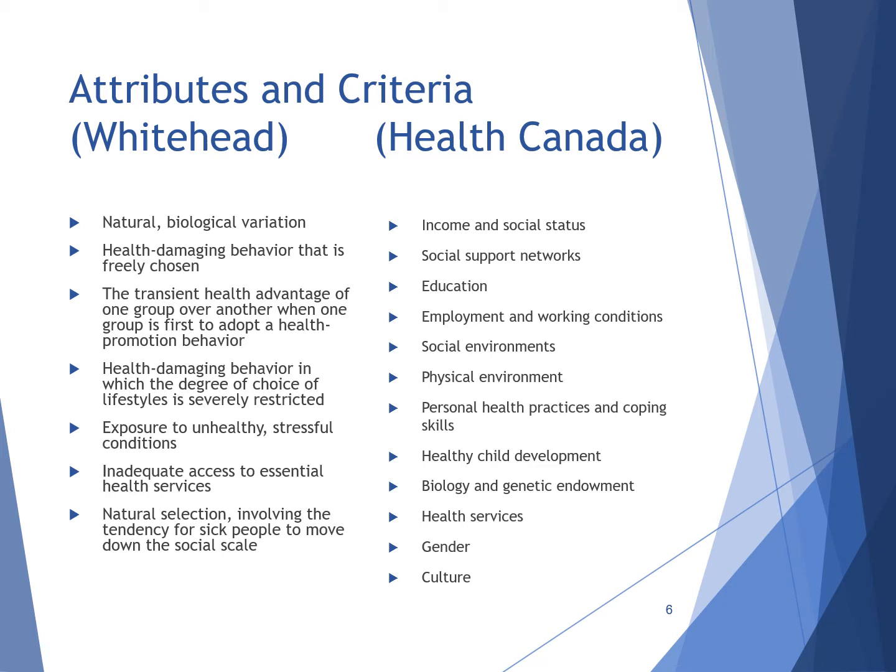The health damaging behavior in which the degree of choice of lifestyle is severely restricted, exposure to unhealthy or stressful conditions, inadequate access to essential health services, natural selection involving the tendency for sick people to move down the social scale, income and social status, social support networks, education, employment and work conditions, social environments, physical environments, personal health practices and coping skills, healthy child development, biology and genetic endowment, health services, gender, and culture.